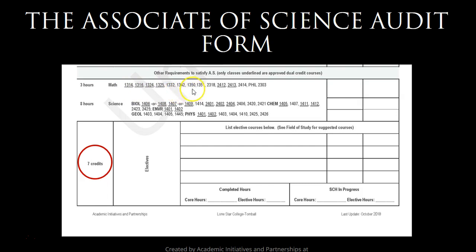So if you select Math 1350, for example, if you're going to be a teacher, you can still take that class, but it would not be considered a dual credit class. So you would be responsible for paying full college tuition for that. Same with some of the science classes here. We have several that are approved dual credit courses. They're all underlined. The ones that are not underlined, you would have to take for college credit only.